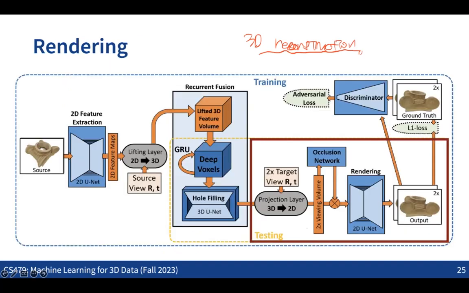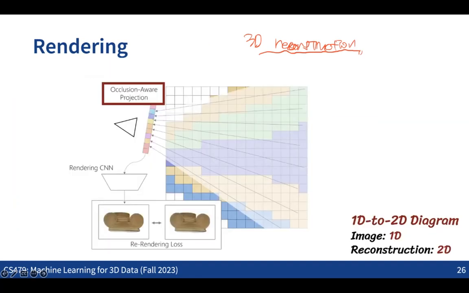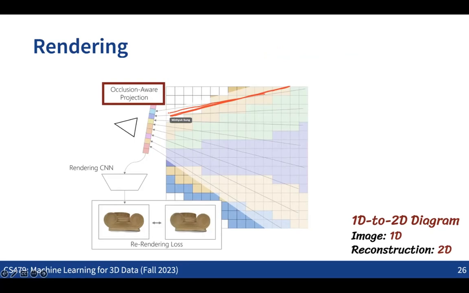But once we accumulate all the pixel features into the 3D space, what we can do is that we can now project all the accumulated vectors in each of the voxels into some kind of arbitrary view. Make sense? So once we accumulate all the per pixel features into the 3D voxels, now we can do the opposite.